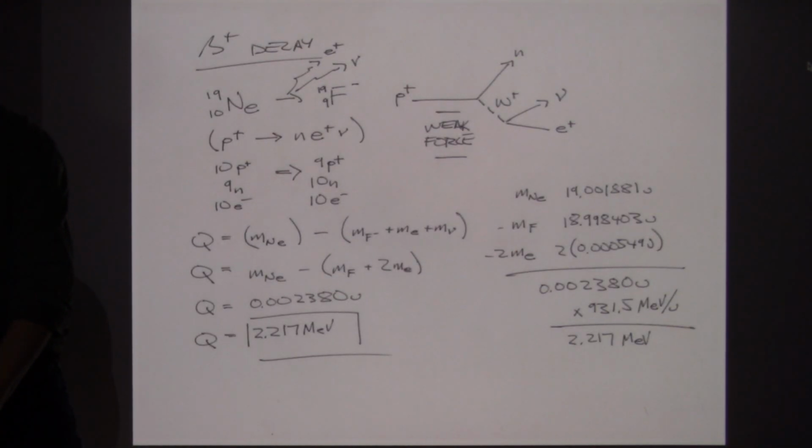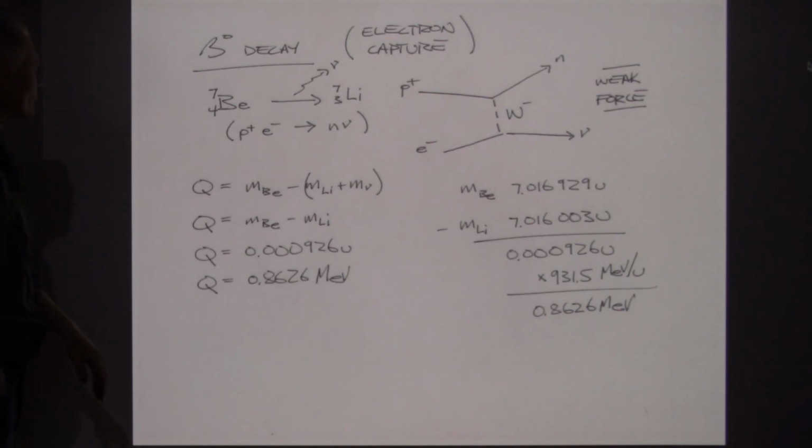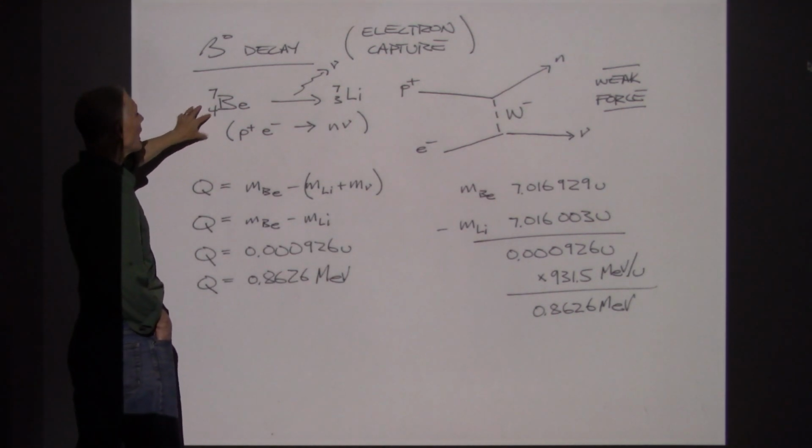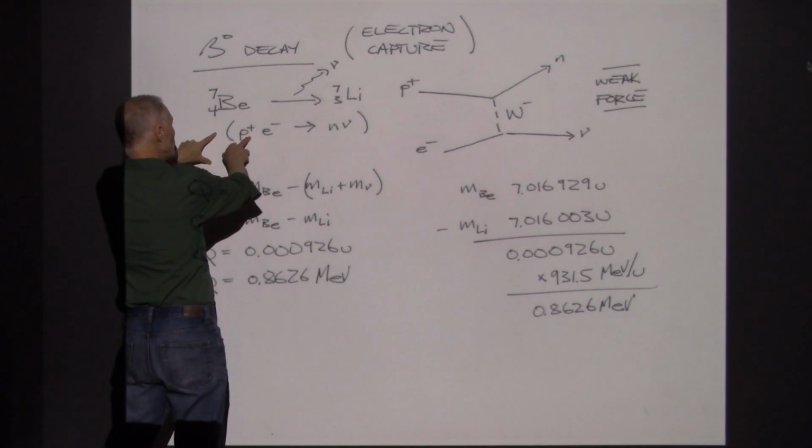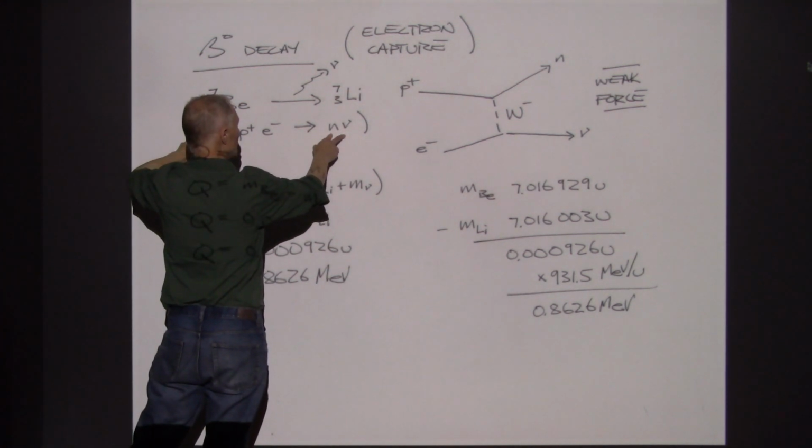Now notice in all of these, we're getting these neutrinos coming out. In this electron capture process, again, just like beta plus, a proton is turned into a neutron.